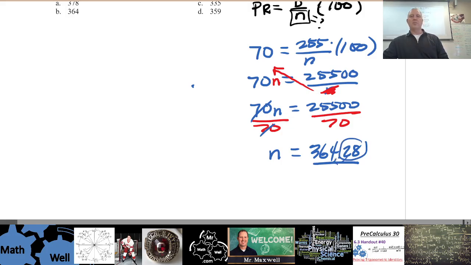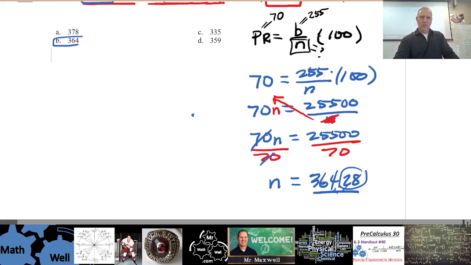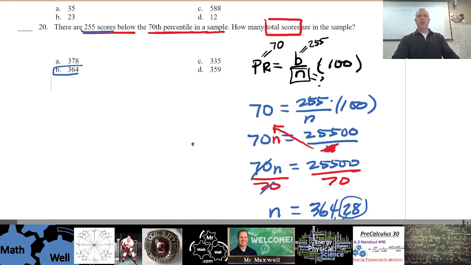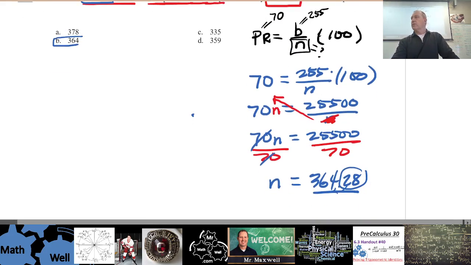Or if you made an argument that there's probably 365 things, because you can't have 0.28 of a score, so I have to round that up to the next whole score, I would accept both answers. It looks like they are looking for 364 here. I don't think there's a 365. So I think this answer is 364.